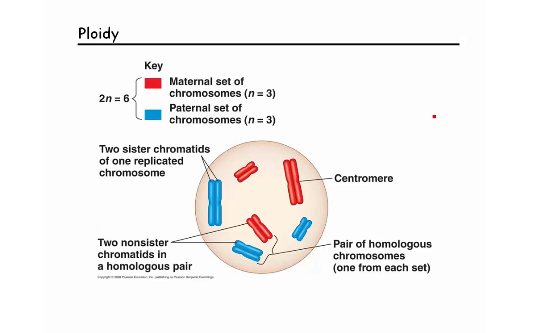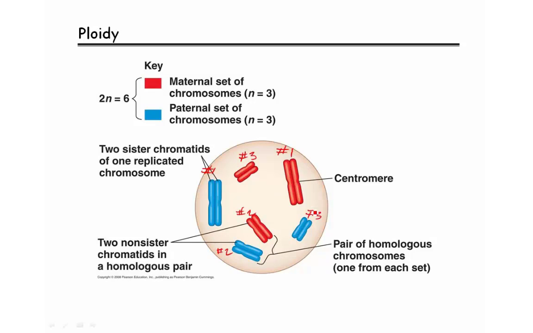The cell that we see on this slide is a somatic cell. Now we know that it's a somatic cell first off because it is a diploid cell. It is diploid because we have 2 copies of every chromosome. The unique chromosomes on this slide are represented as being different sizes. So we could say that this large chromosome is chromosome number 1, and we've got another copy of it over here. The medium we could call chromosome number 2s, and the small ones we could call chromosome number 3s.